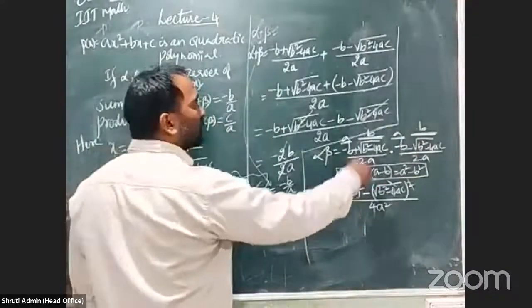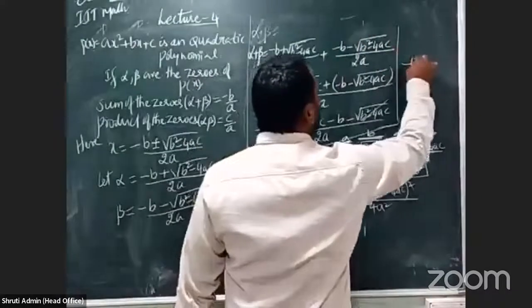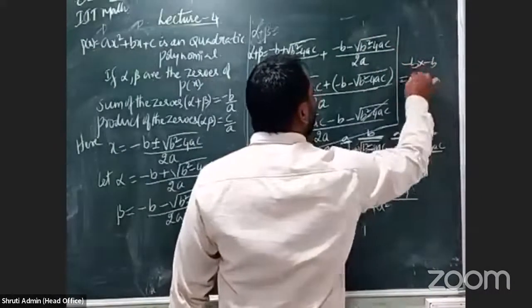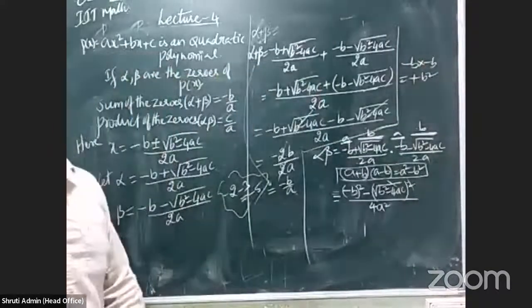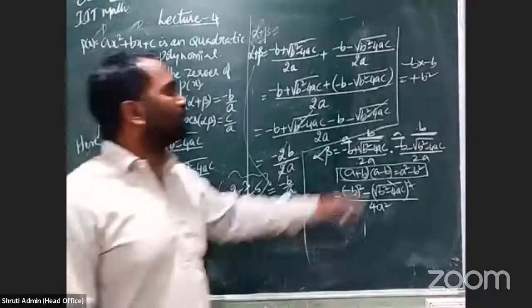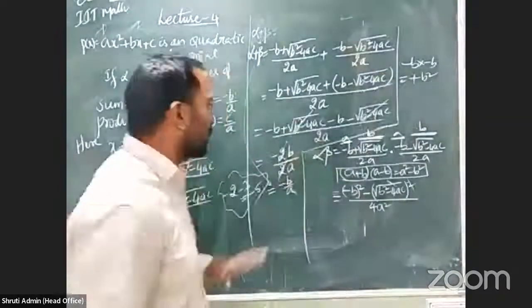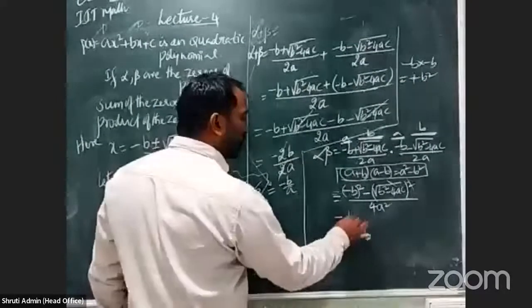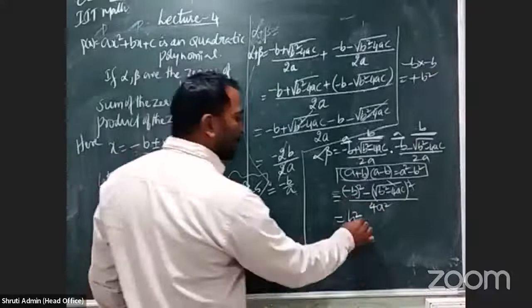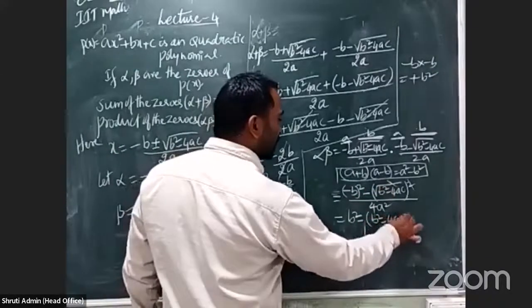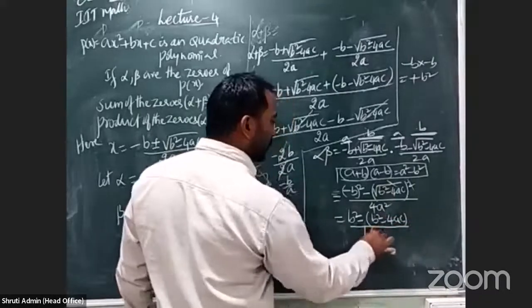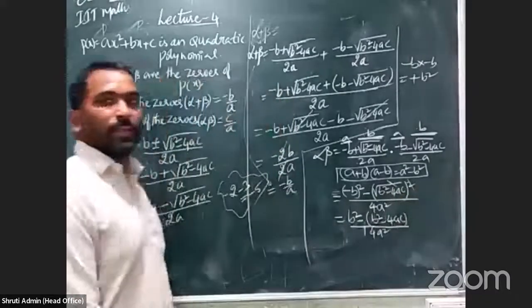Minus b whole square means minus b into minus b. Minus into minus is plus, b into b is b square. So I can write this as b square minus of what is left: b square minus 4ac by 4a square. Clear?